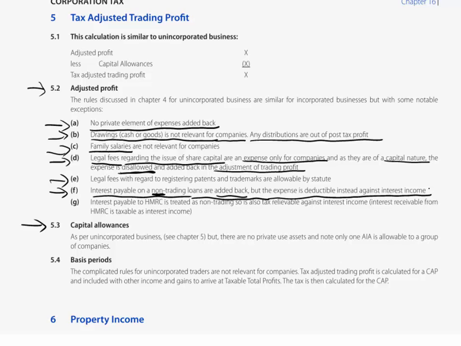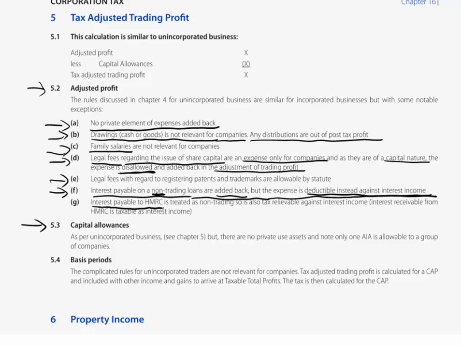They are added back. However, where they will be deducted is deducted against interest income. So although they will not serve to reduce trading income, they will serve to reduce the interest income that you have on your corporate tax computation.